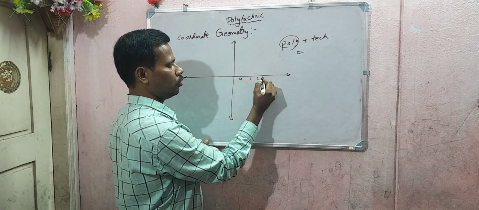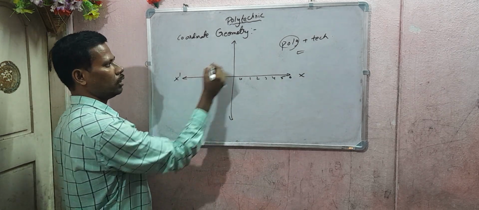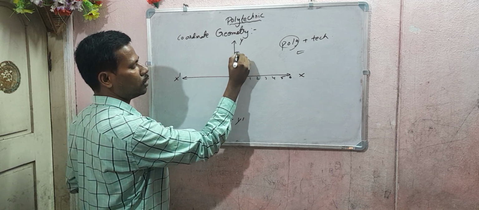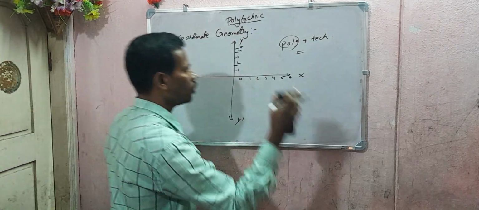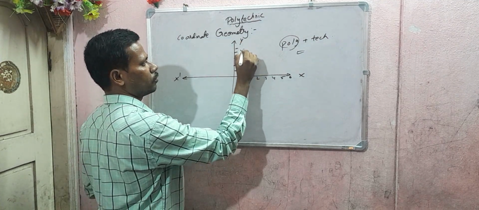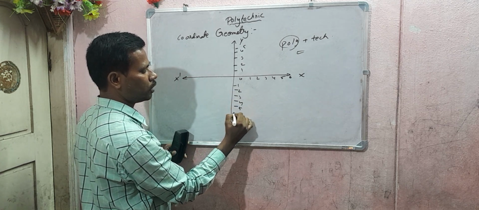So 1, 2, 3, 4, 5, 6. Here this is the x-axis, this is x dash, this is y, this is y dash. Minus 1, minus 2, minus 3, minus 4. Sorry, on the y-axis it is positive 1, 2, and y dash is negative: minus 1, minus 2, minus 3, minus 4, minus 5.